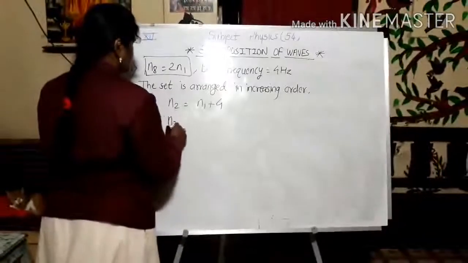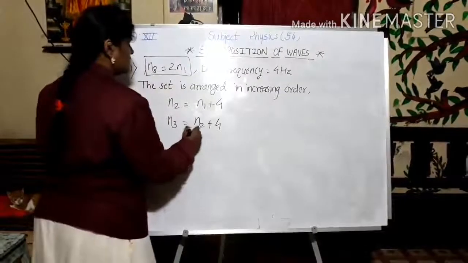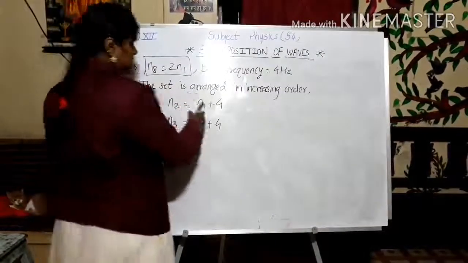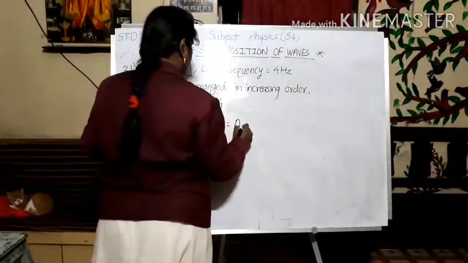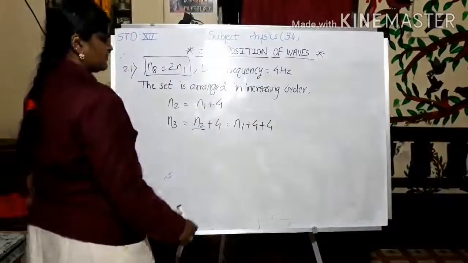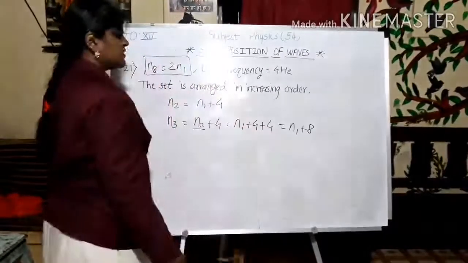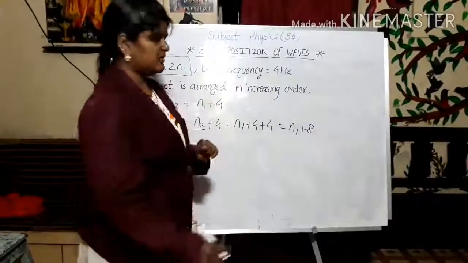What will be N3? N3 will be N2 plus 4. But what is N2? N2 is N1 plus 4, right? So I can write N1 plus 4 plus 4, that will be N1 plus 8.